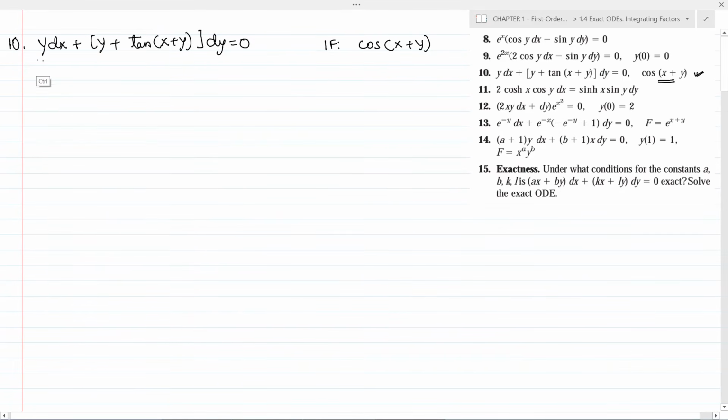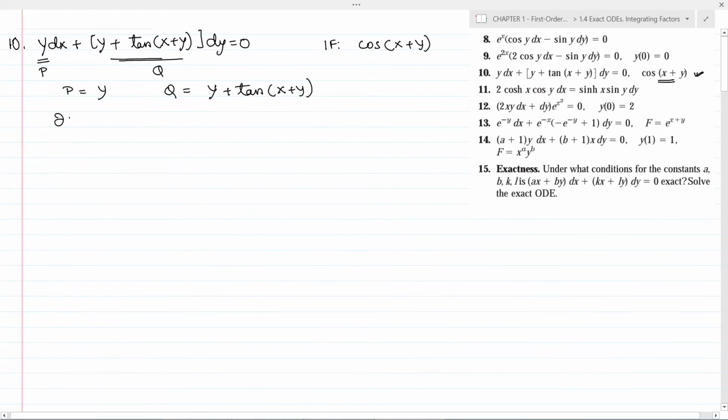Let us take this first term as p and this second term as q. We have p equal to y and q equal to y plus tan(x plus y).